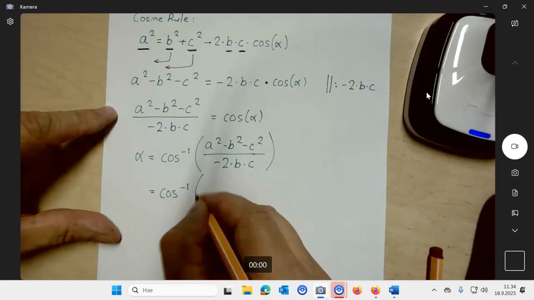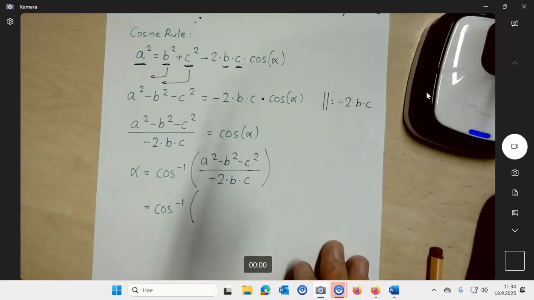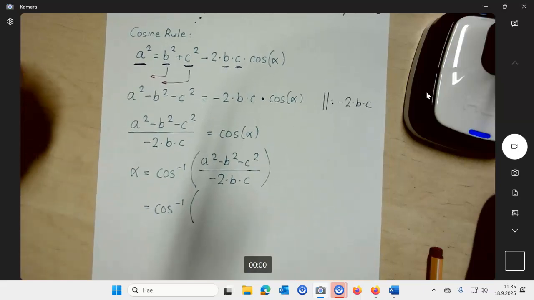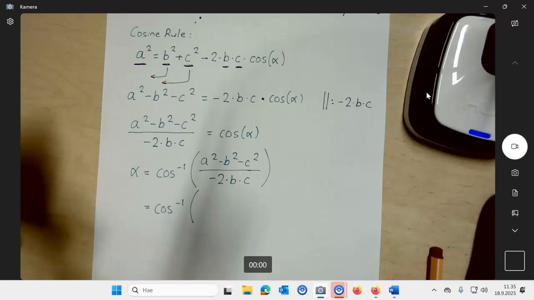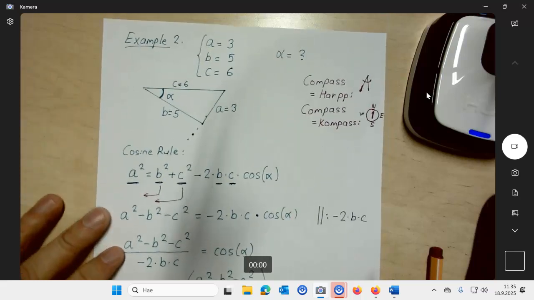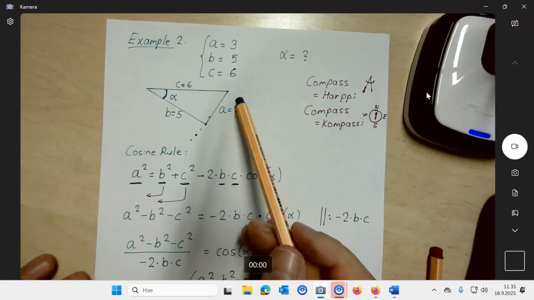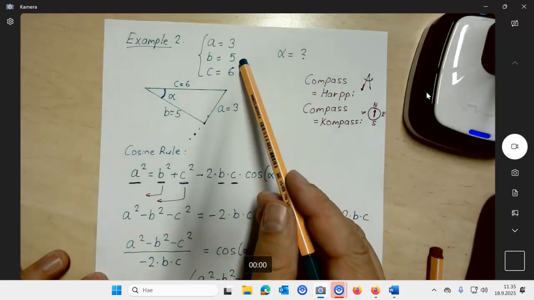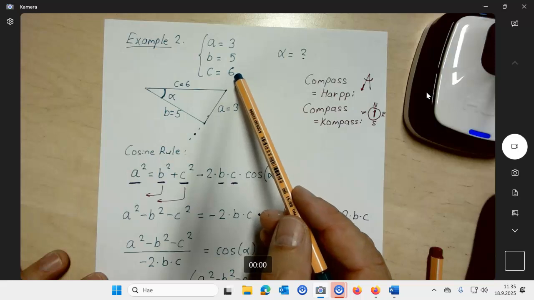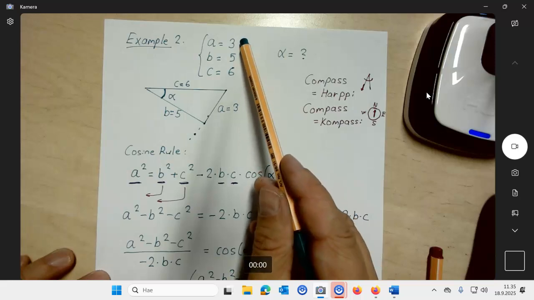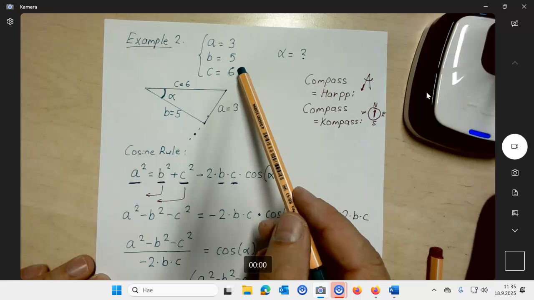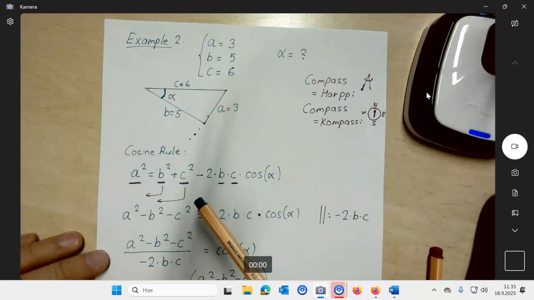And after that we may put the numbers there. By the way, one thing to point out is that in this example C was 6, the longest of the sides of the triangle, but not necessarily.